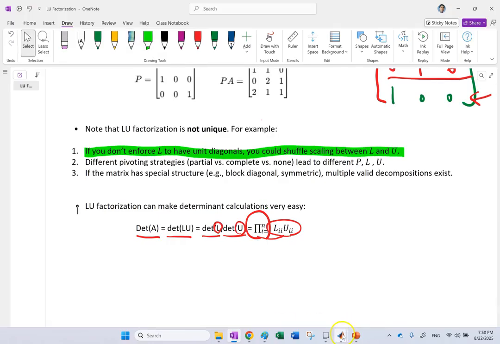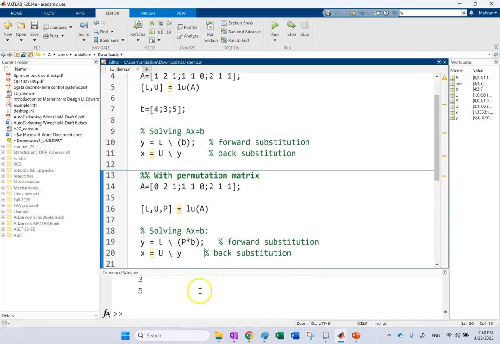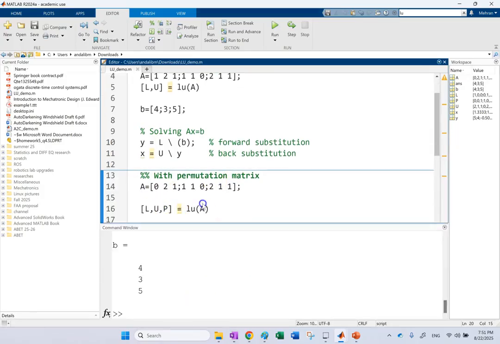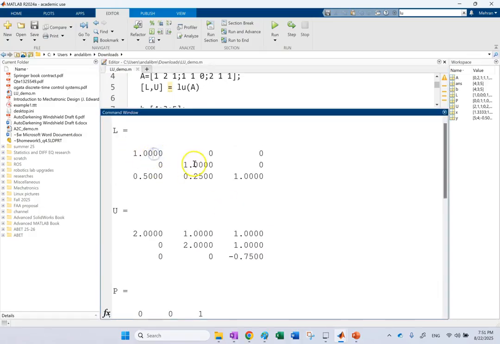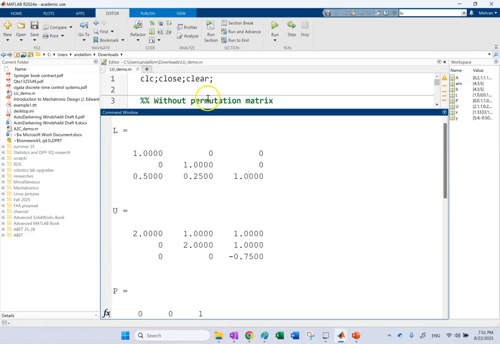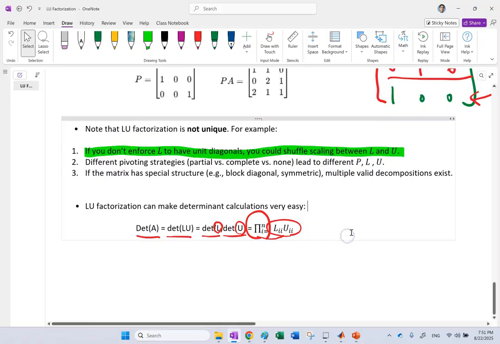Now you saw that in MATLAB, if you use the version with P, then L actually had 1s on the diagonal, right? You can see that here, here, and here. But the original version, first of all, L did not have 1s on the diagonal, and second of all, it was clearly permuted. So that's one.